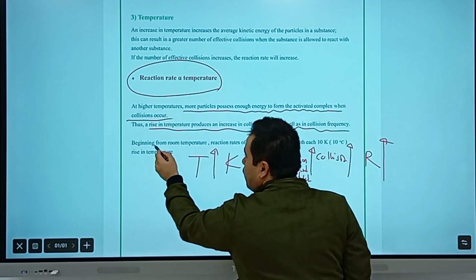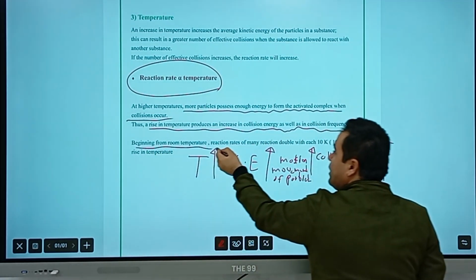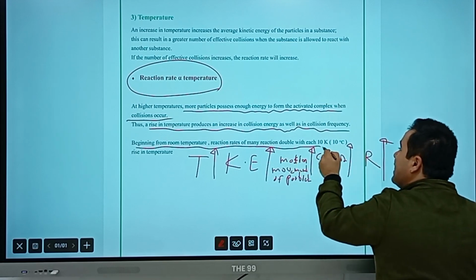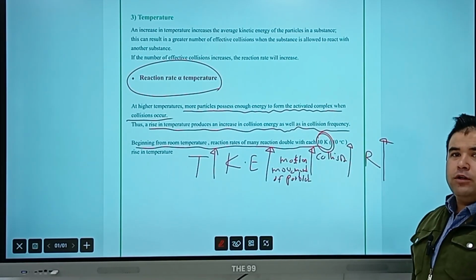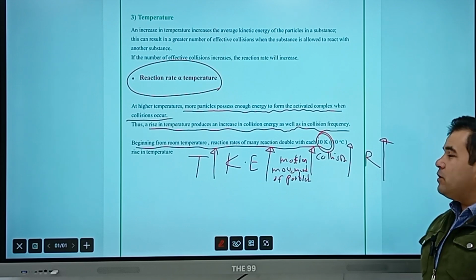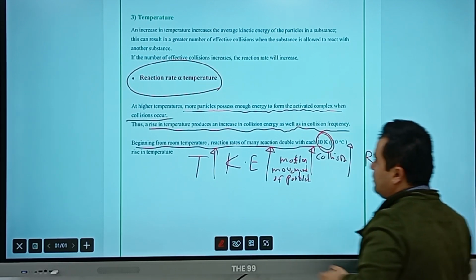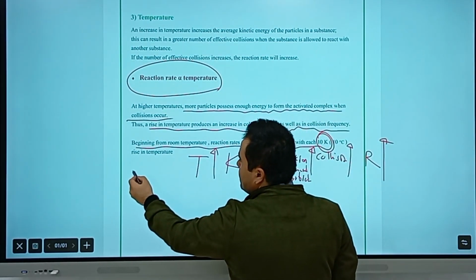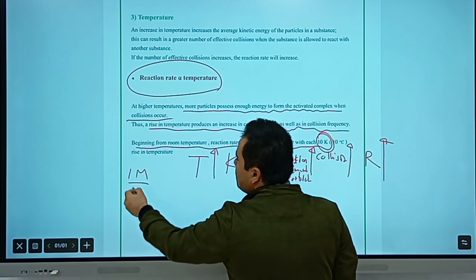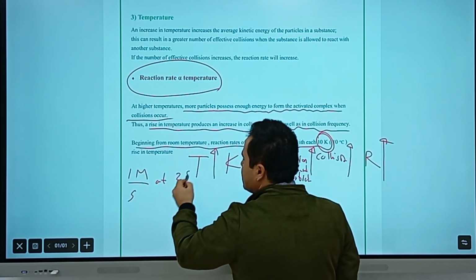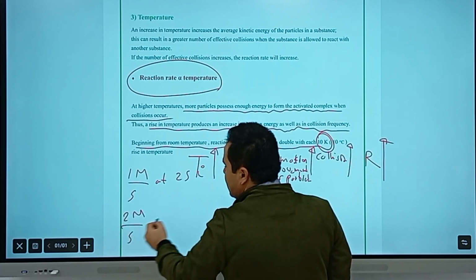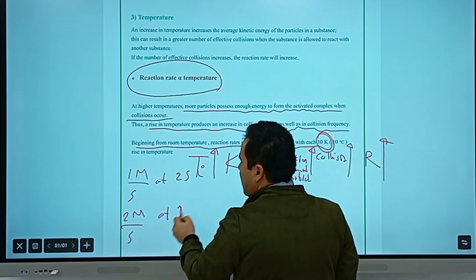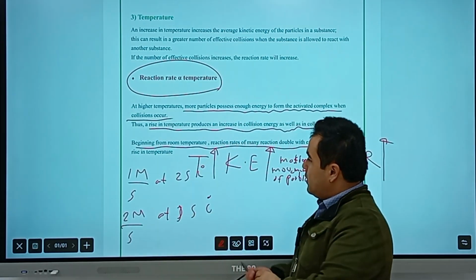So, this is given in our book, beginning from room temperature, increasing 10 degrees Kelvin or 10 degrees Celsius increases or doubles the rate of the reaction. Means what? Means if the rate is 1 molarity per second at 25 Celsius, it will be 2 molarity per second at 35 Celsius.